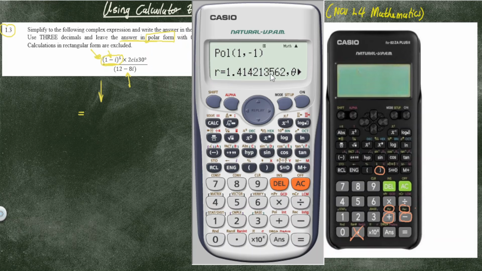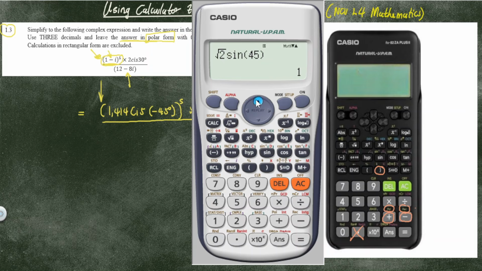Now you can see that R is 1.414, cis, and the argument is -45 degrees. Close bracket, raised to exponent 5, multiplied by 2 cis 30 degrees over, and then you do the same thing with the other one.